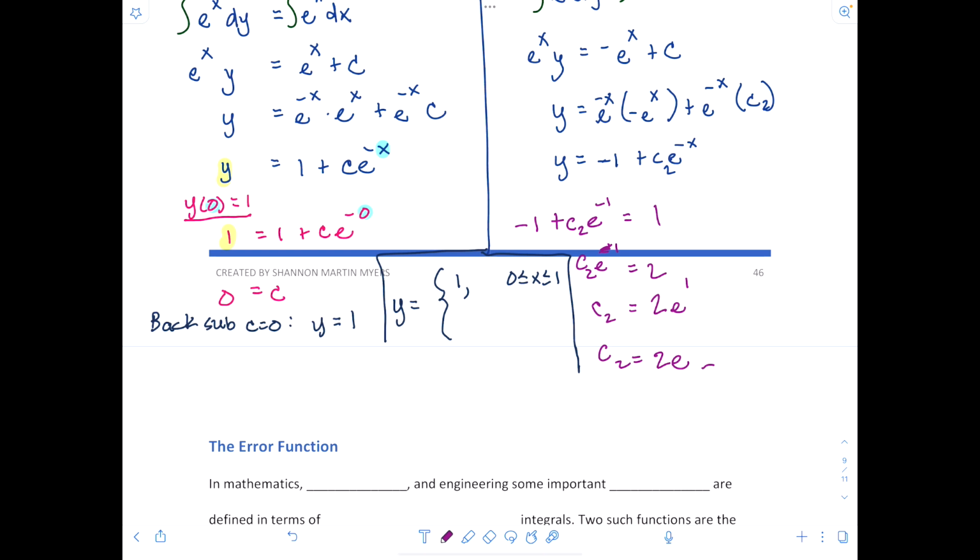So back substituting, if c2 is 2e, then I'll have y is negative 1 plus 2e times e to the negative x. Combining those exponentials, I'll have negative 1 plus 2e to the 1 minus x.